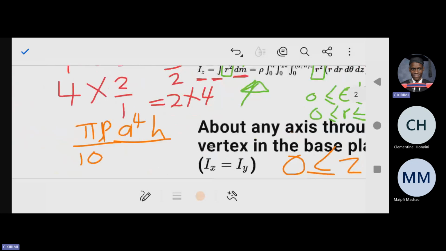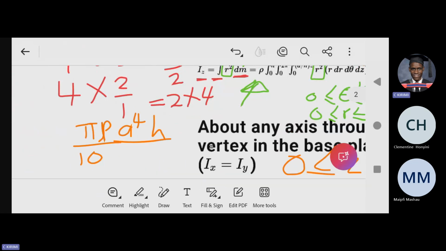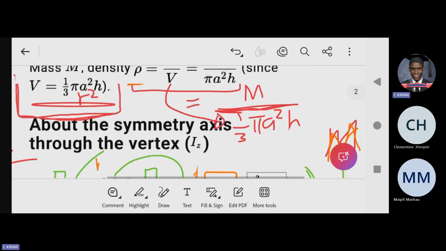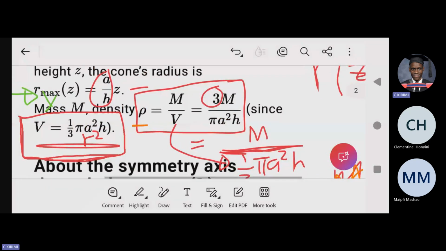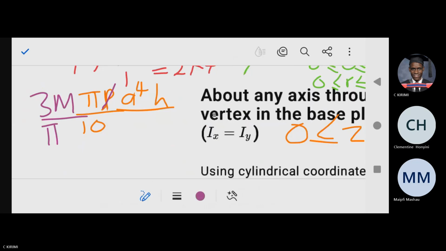So I'm no longer going to write rho; I replace that rho with 3m over pi a squared multiplied by h. So I have cancelled the rho.